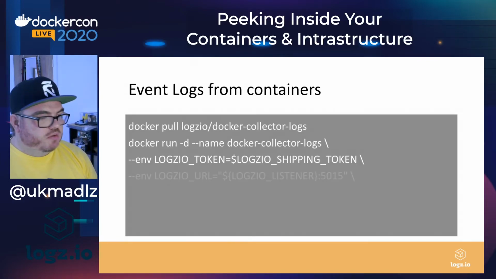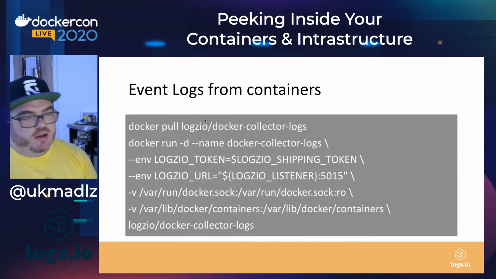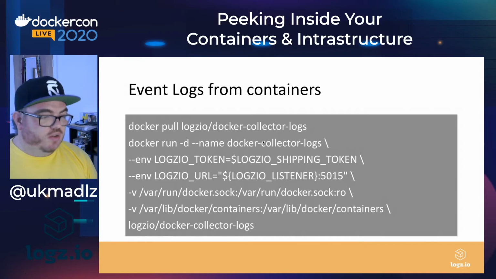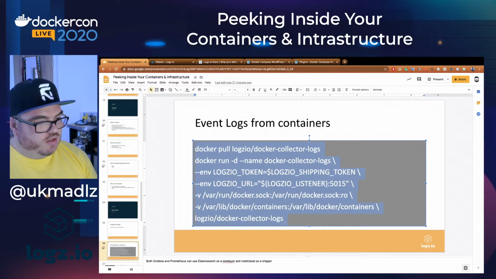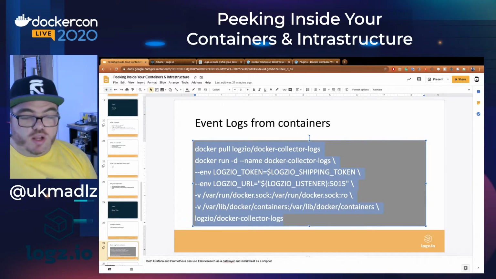We can just load in this, and this is the Docker collector that we at Logz.io have got. So this is simply a Docker container running Filebeat internally. It's pre-configured to run with Logz.io, so it will have our shipping token, which is our way of identifying your account.